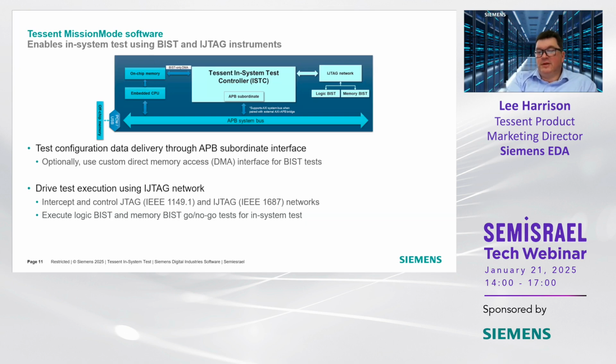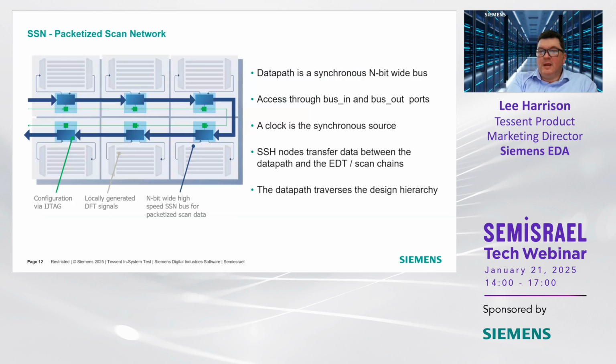There is also the option to use the Mission Mode IP directly, so reducing the complexity of the system and not needing a CPU to manage it. So we have what we call a DMA access. But essentially, whether you're using the DMA access or whether you're using the CPU, all of the data will be delivered via the IJTAG network, and it will set up and control your logic-based or memory-based infrastructure.